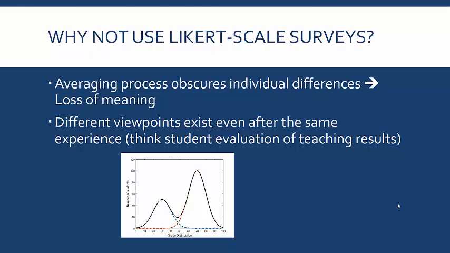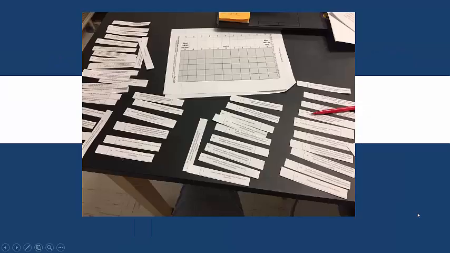But they all sat through the same class, they did the same homework, so how did this happen? Because not everybody has the same experience, even though we kind of think in our heads that they are experiencing the same situation. And this is how Joe's comment to me about student evaluation of teaching led me into doing this Q stuff.